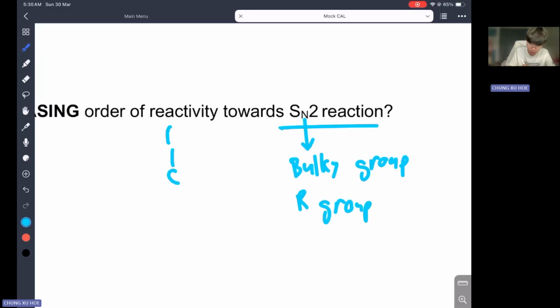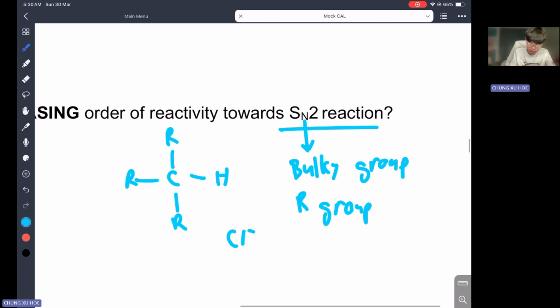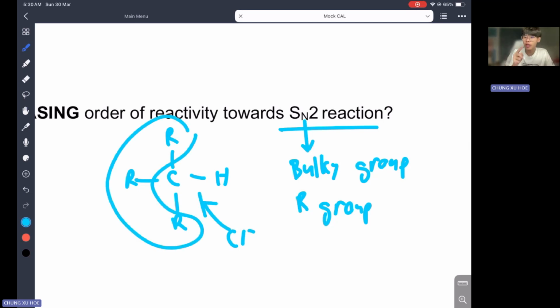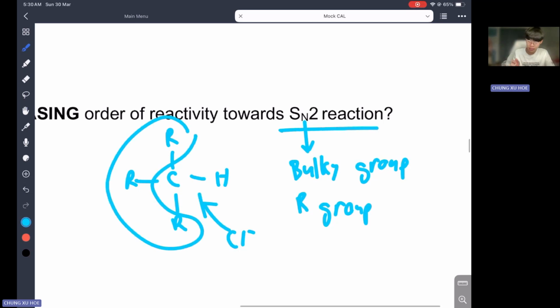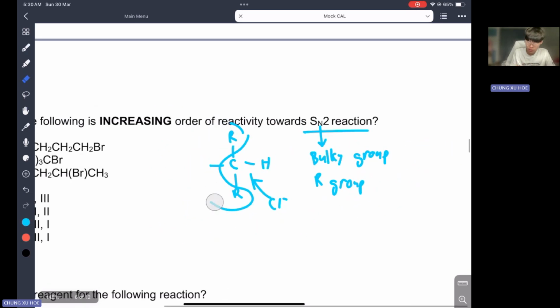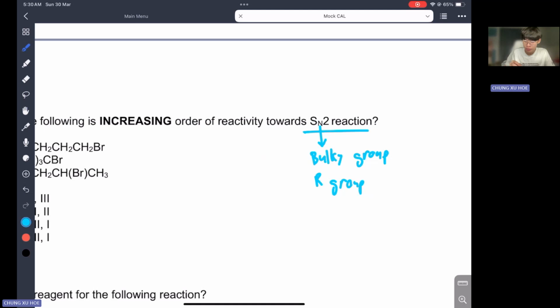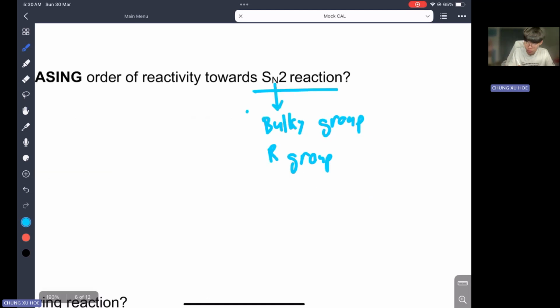They are blocking other substances from reacting with the carbon in the middle. For example, when I have Cl minus here and I want to react, these are my bulky groups blocking me from reacting with my carbon. Am I right? So yes, this is what it means by bulky groups. So the lesser the bulky groups, the more reactive, because it's easier for other substances to bind with the carbon.